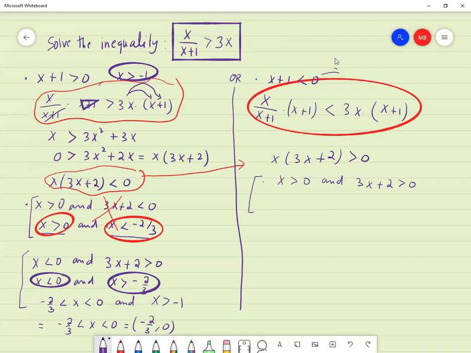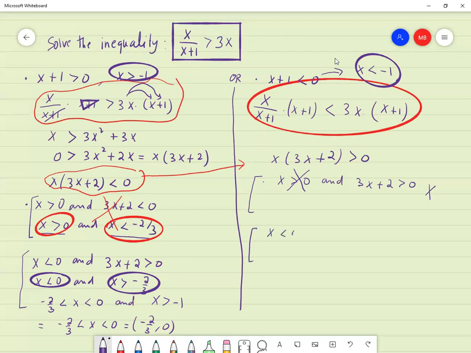So what does that mean? That means x is less than negative 1, correct? Because x is less than negative 1, x cannot be greater than 0. So this case cannot happen. So x positive is not possible here.